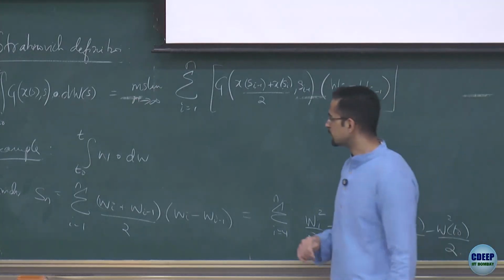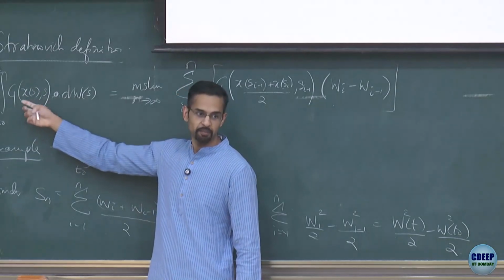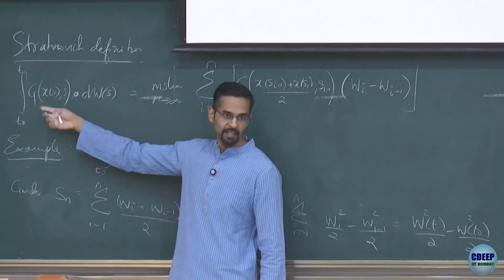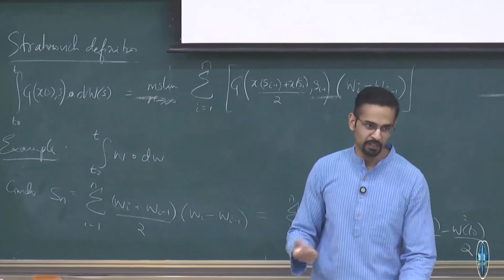Or later, when it will be b of x comma s, then b will be evaluated at x plus dx by 2. Okay, and then that dx we will use the SDE. That's what we'll do later on.